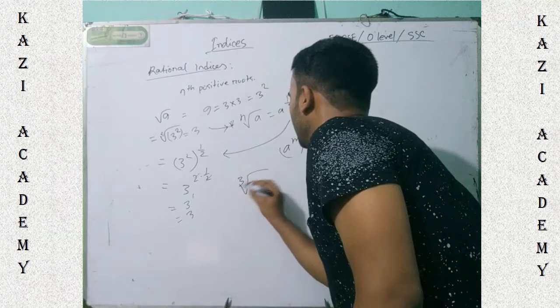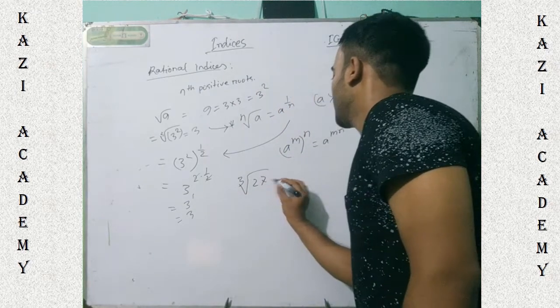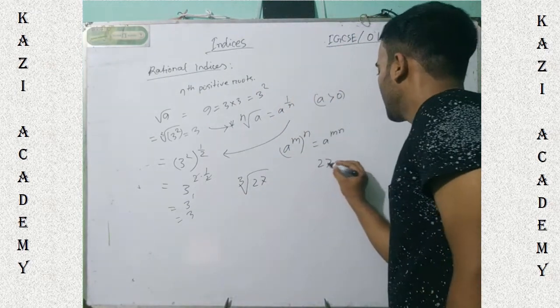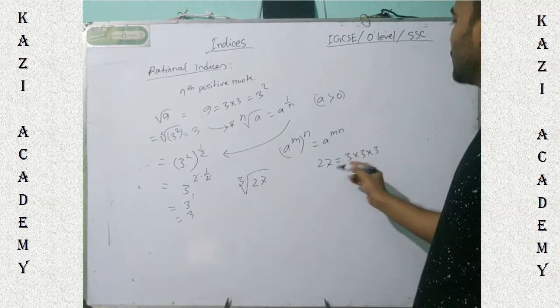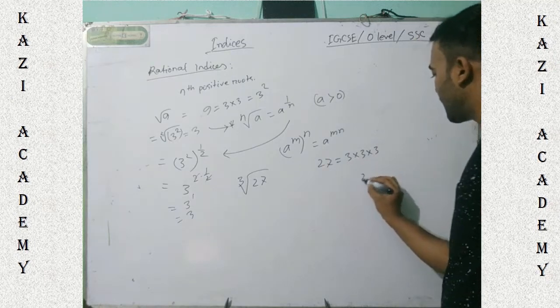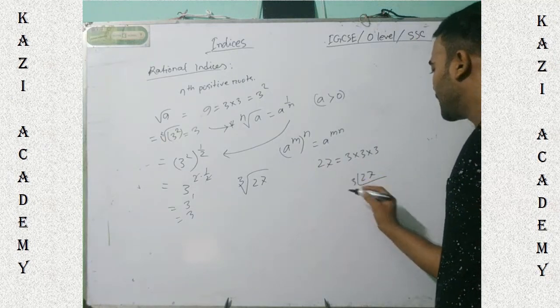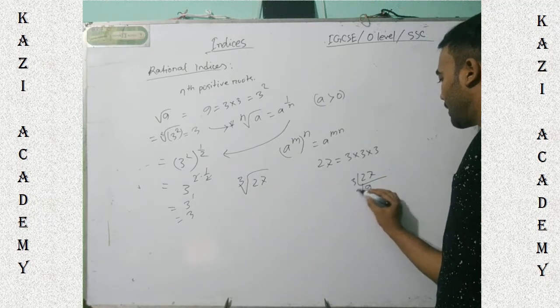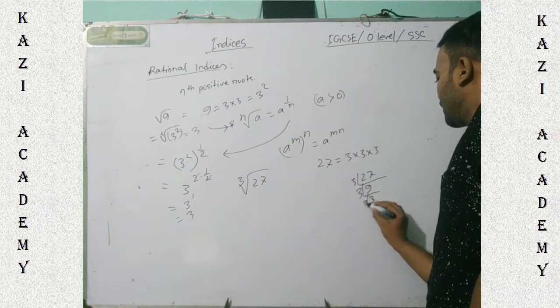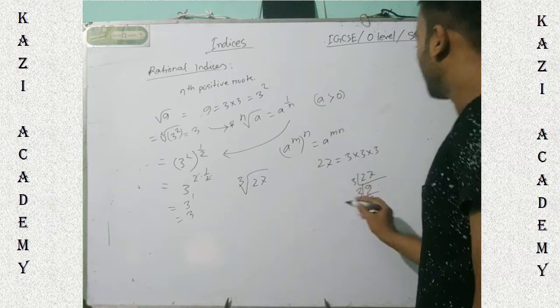So if we do this for the cubic root of 27. So 27 equals 3, 3 and 3. Why do we do that? 27 is actually divisible by 3. First, it is an odd number. So 3, 9, again 3, again 3, 1.